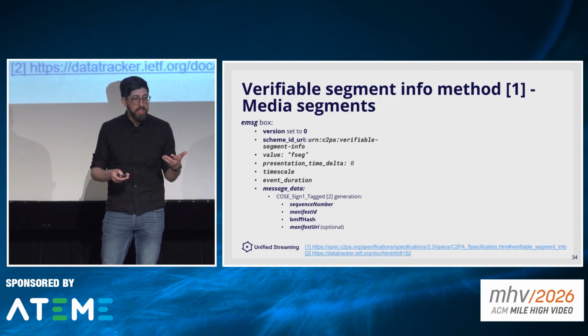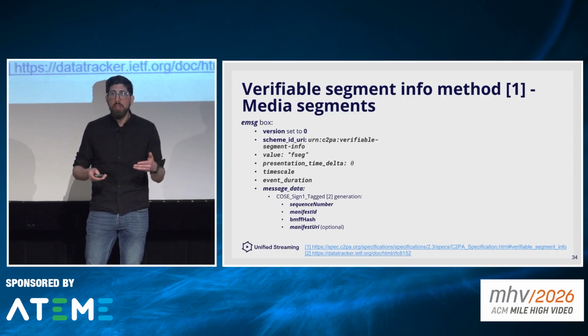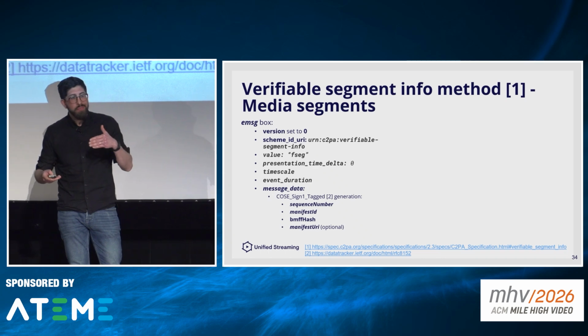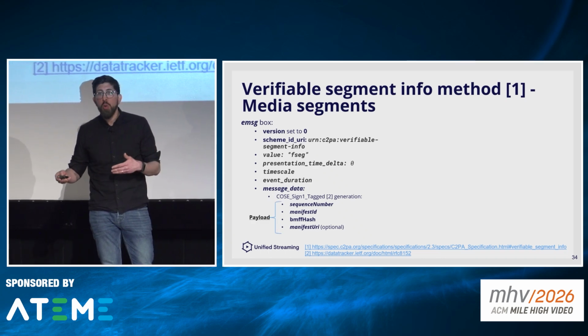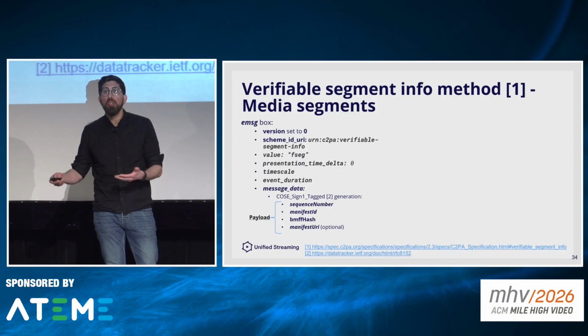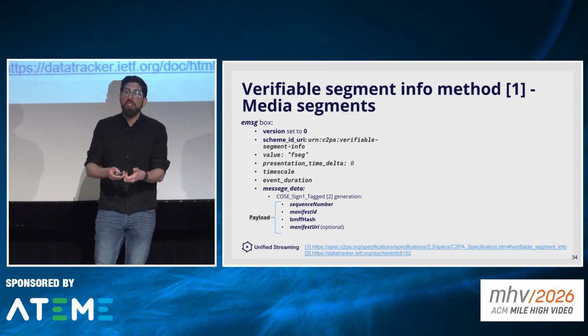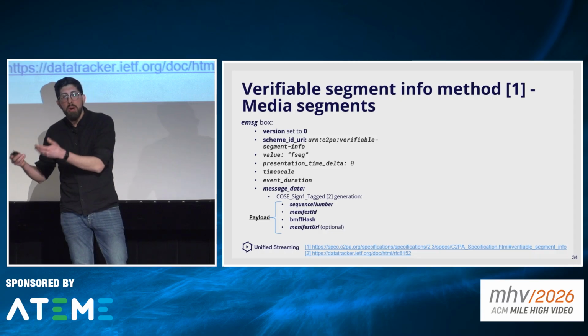That is the sequence number, the manifest ID, the BMFF hash that contains the different offsets of the top level boxes of the media, and the manifest URI that could be an optional URI of where to retrieve the C2PA manifest. This is basically the payload to generate the COSE signature, and that's what the packager will generate using the private key, and the validators will compute using the public keys.